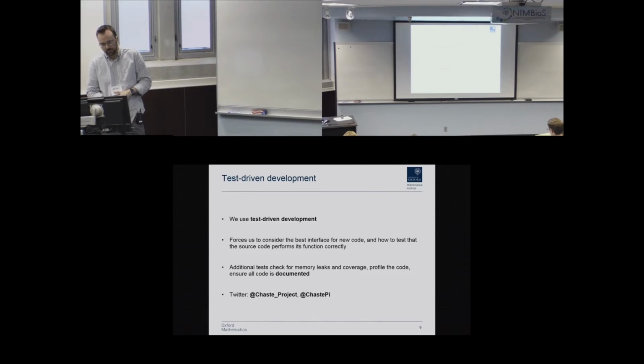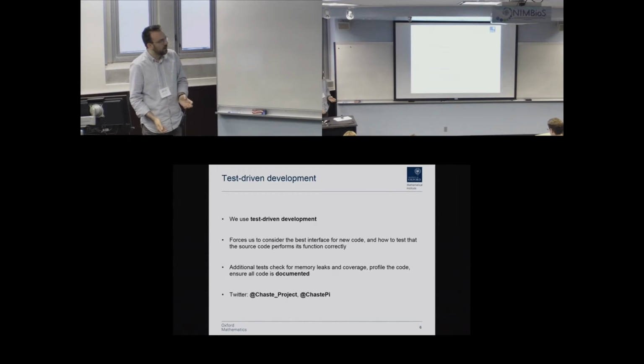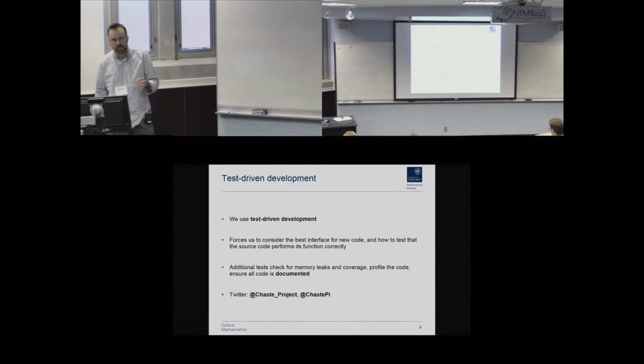And to try and prove that we're high-tech in the 21st century, we have Twitter feeds. The first Twitter feed, Chaste Project, is your generic 'look, there's a new release of Chaste'. But what's cool is the second one, Chaste Pi, the Raspberry Pi, the little computer. We have one set up to tweet every time the whole Chaste code is rerun when someone commits some new code.